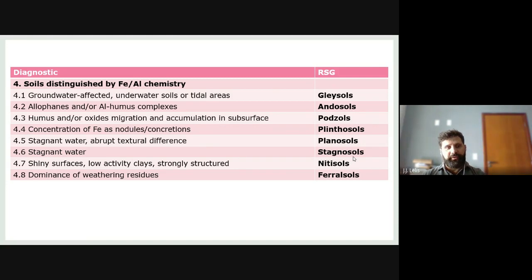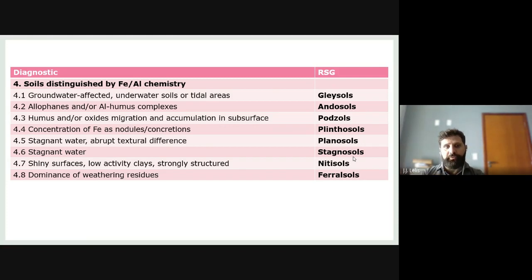And we also can find those soils that are related to a deep weathering process. So soils that are rich in iron oxides, aluminum oxides, and rich in kaolinite, halloysite, and other minerals that express a deep, intense, and profound weathering. They are called ferralsols. They are the typical soils that can be found in wet tropical areas.